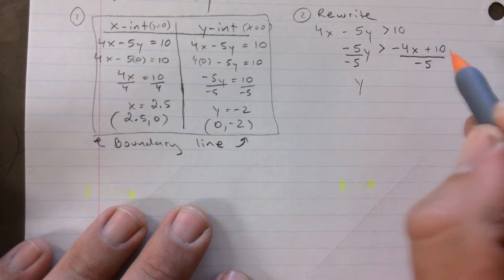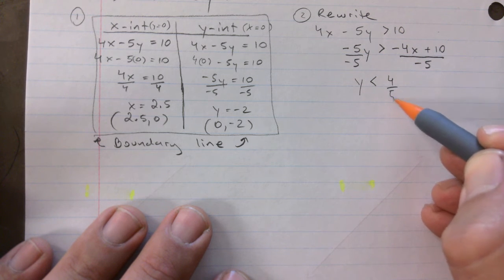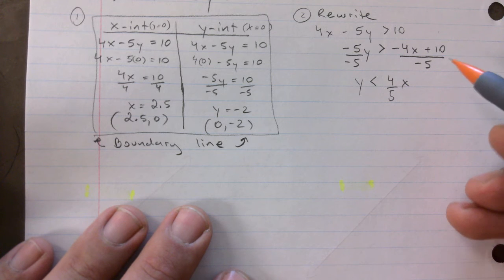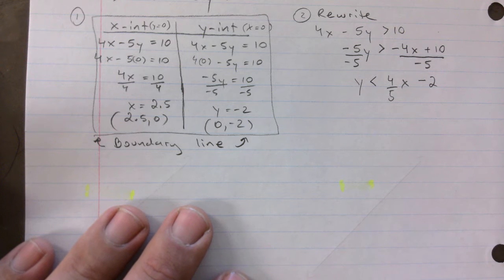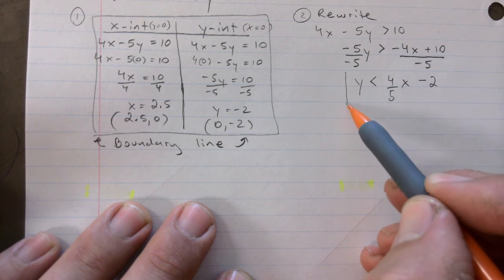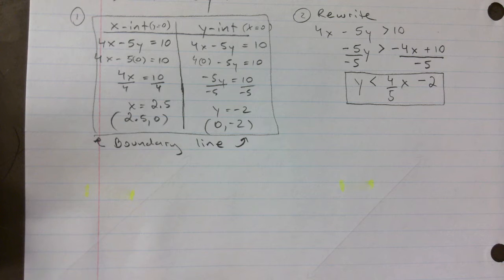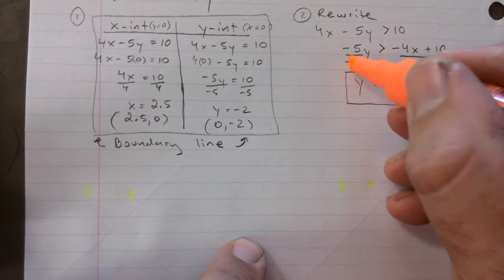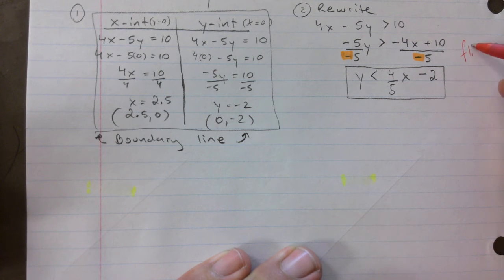So it's pointing that way, now it's going to be pointing that way. 4 over 5x minus 2. Okay, so you've rewritten it. And I'll just add something here, of course, because we need to make sure we remember, right? Flip inequality.